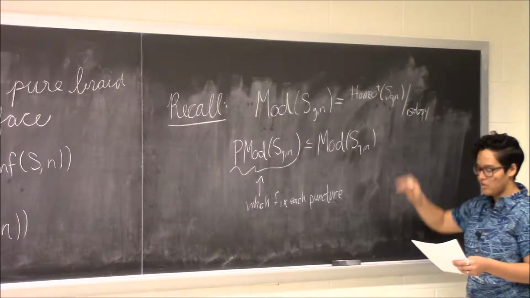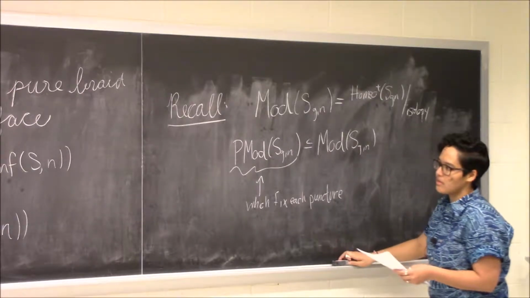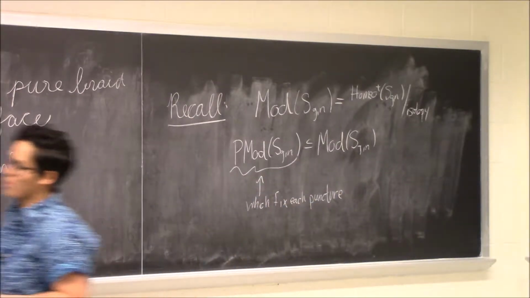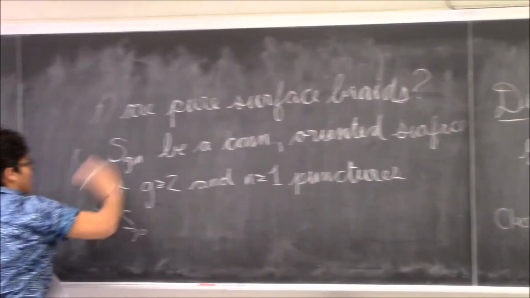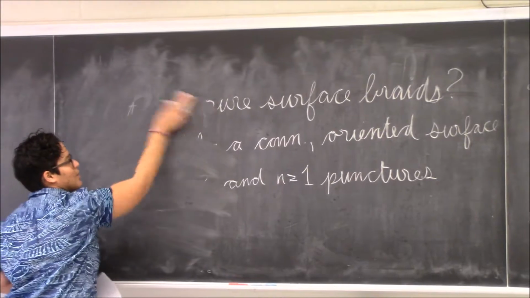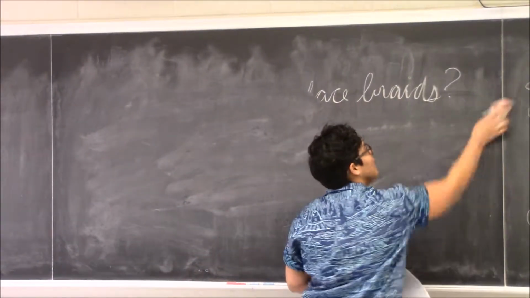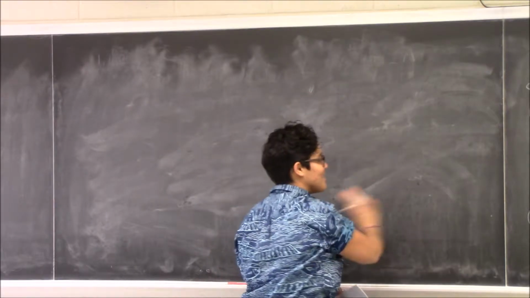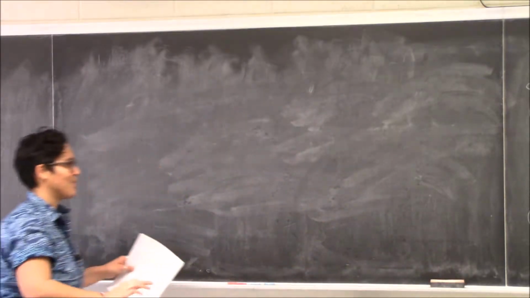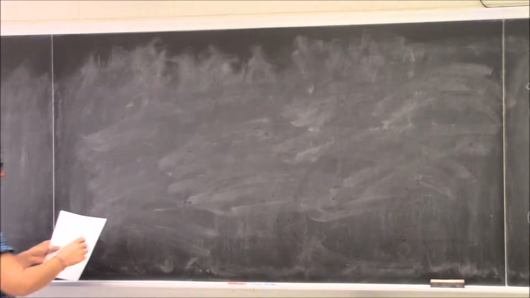And so these are the two things that I'm going to need to give my second definition for the pure braid group. So let's consider the following short exact sequence. This is the only exact sequence I'm going to write down, so don't worry, this is not going to get all algebraic or something.